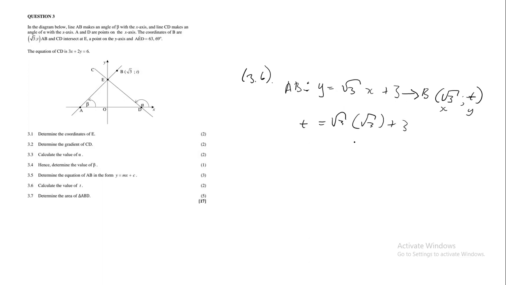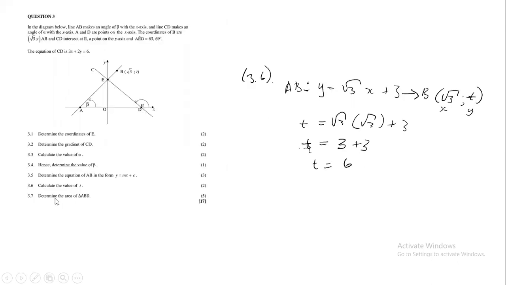Therefore, I'm going to say t is equal to root 3 multiplied by root 3, which is 3, plus positive 3. And when I add these two together, I get that my value of t is equal to 6. And therefore, we managed to solve question number 3.6. Okay, that's how we solve it.